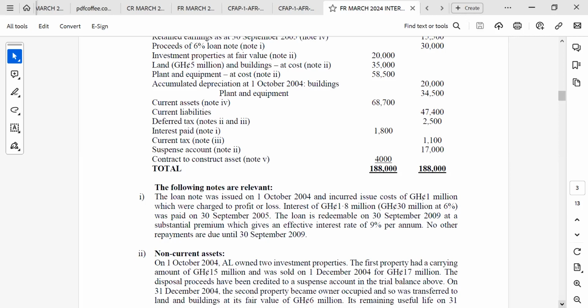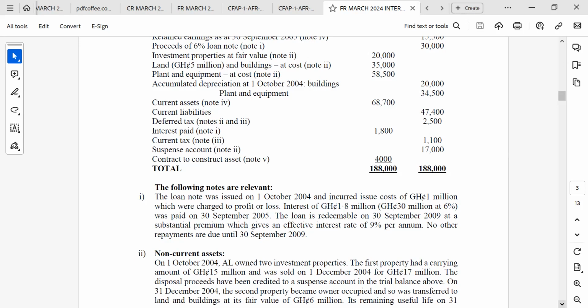The loan note was issued on 1 October 2004 and incurred issue costs of 1 million, which were charged to profit or loss. Interest of 1.8 million, that is 30 million at 6%, was paid on 30 September 2005. The loan is redeemable on 30 September 2009 at a substantial premium, which gives an effective interest rate of 9% per annum.